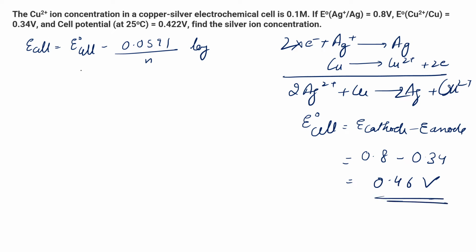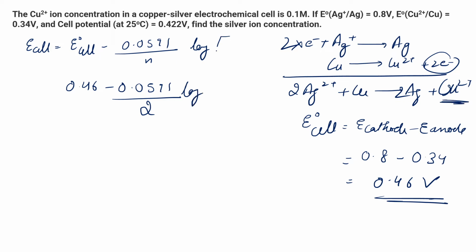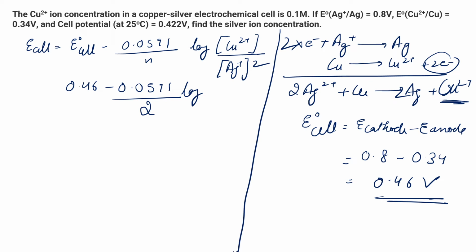So substituting the value of E naught cell, that is 0.46 minus 0.0591, n value we know 2 electrons are being consumed, so n value is 2, log of, now as per the final equation we have in the product copper 2 plus ion and in the reactant we have silver ion raised to power 2.